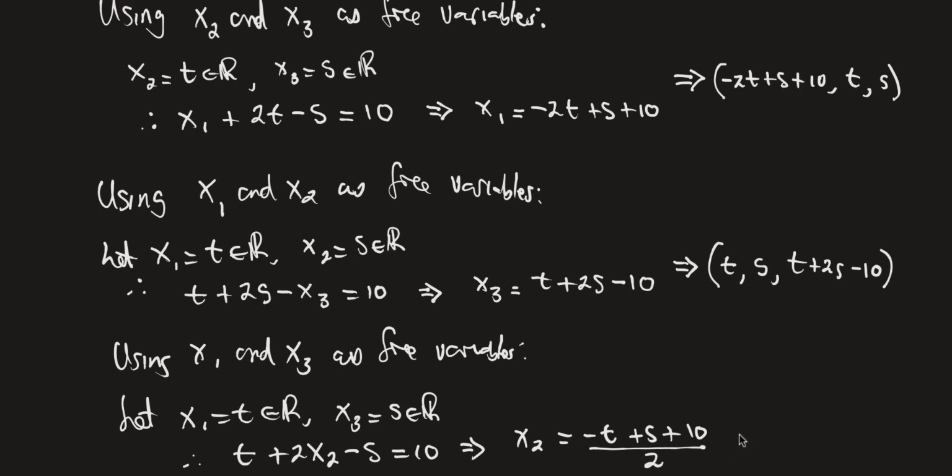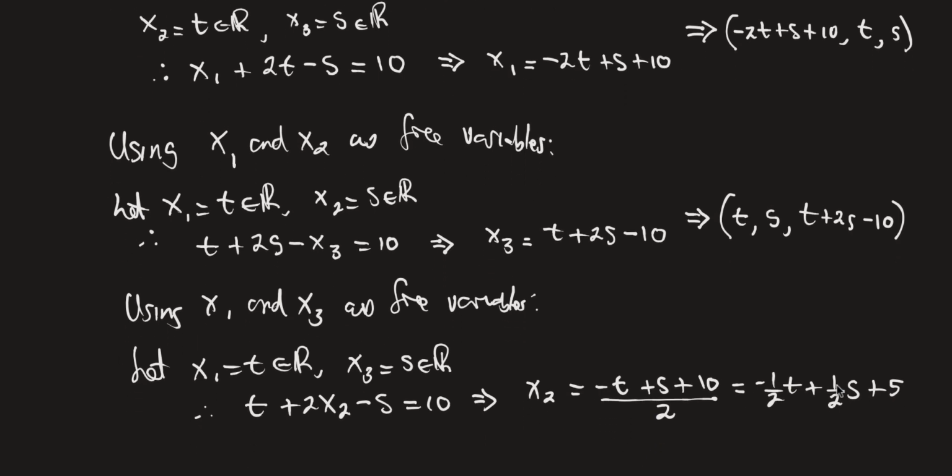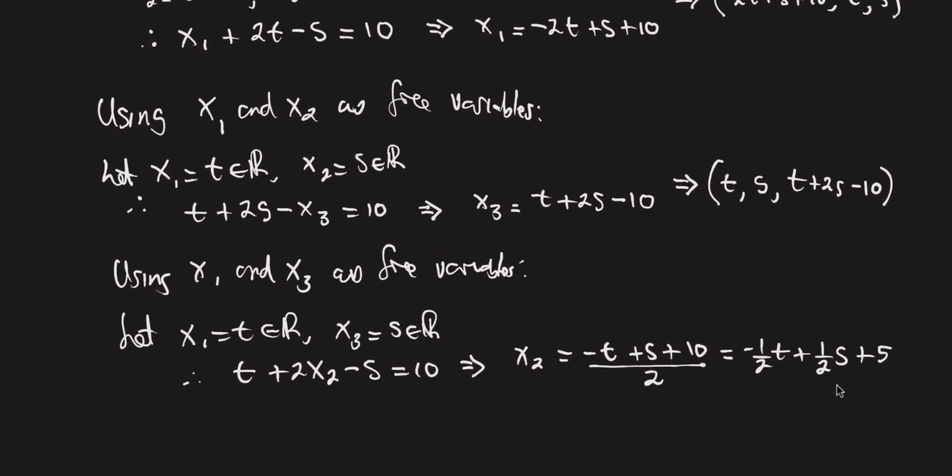Right? So in fact, I could do something like this. Let me write these as three separate fractions: negative 1/2 t, plus 1/2 s, plus 5. So yes, you could even have fractions in your parametric form. There's absolutely nothing wrong with that. As long as you do your algebra correctly here, you're going to come up with a consistent solution set.